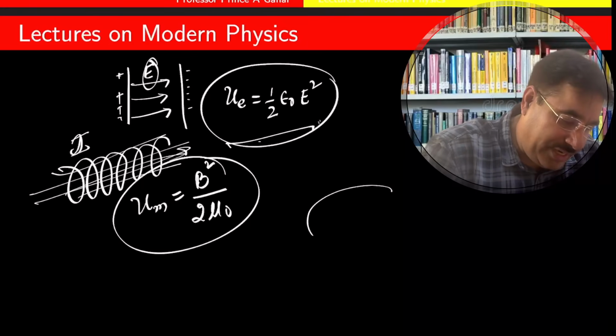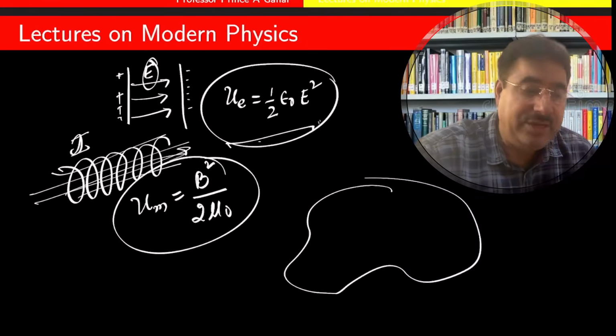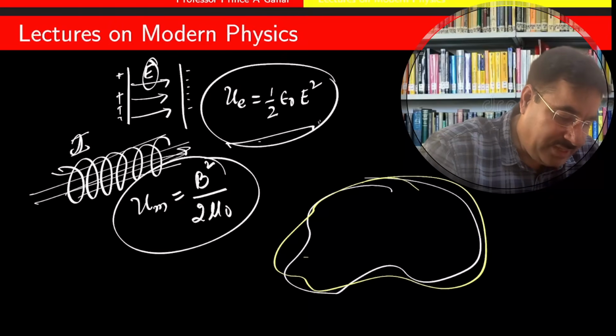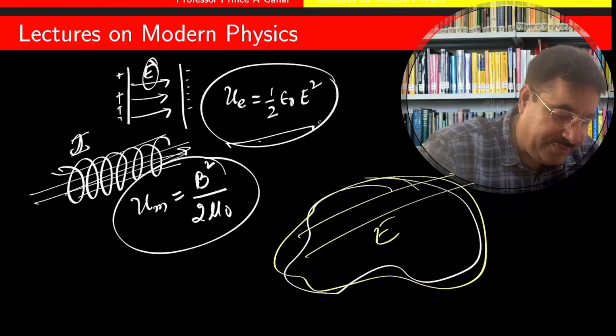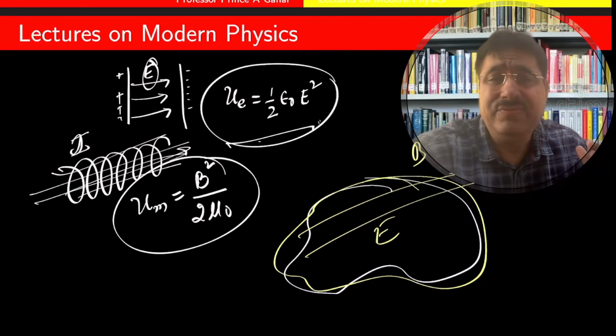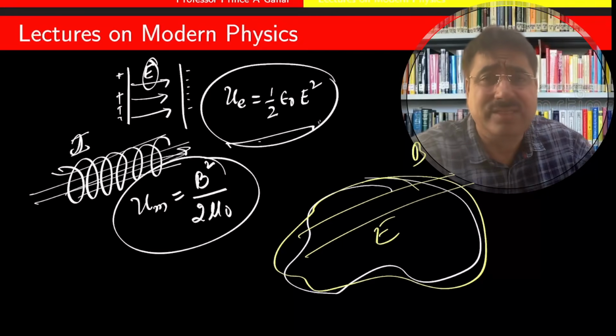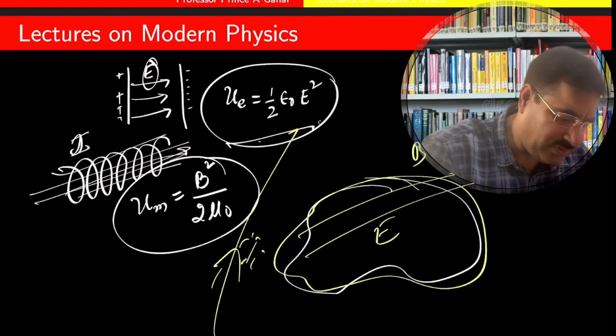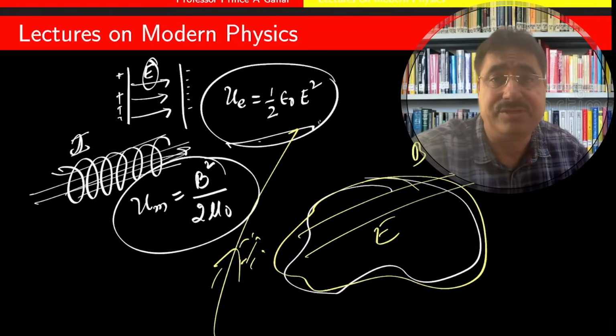So we now take a region. Suppose I take a region of space, and there is an electric field and a magnetic field in this region. That electric field and magnetic field could be due to charges and currents somewhere else, and because of that, there is a field in this region.